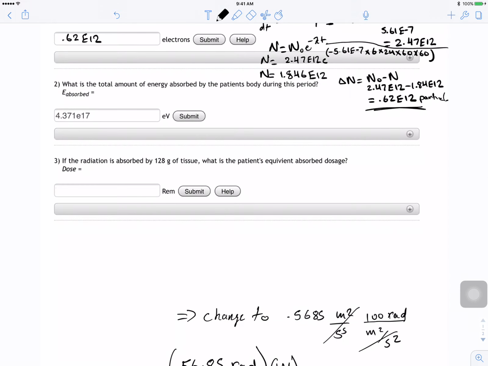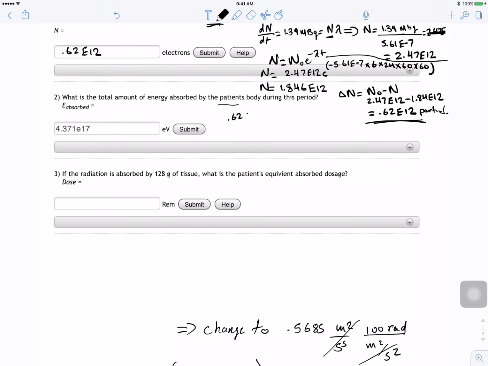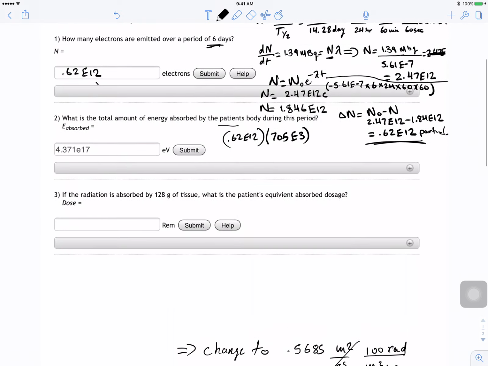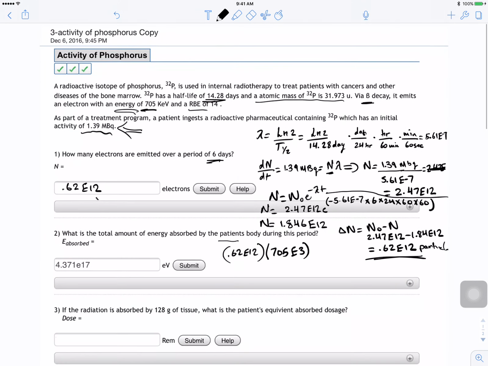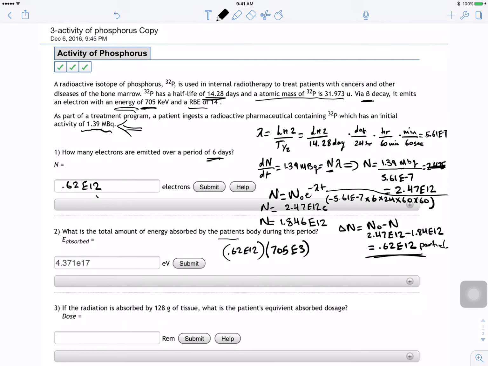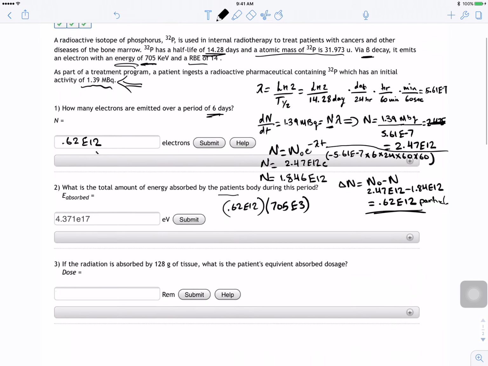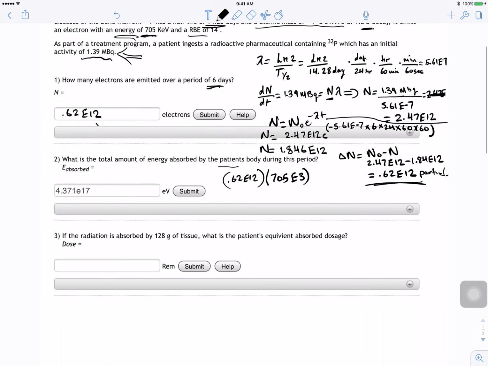So what is the total amount of energy absorbed by the patient's body during this period? We have 0.62 e to the 12 electrons during this period, so times 75 e to the third, because they told us that with every electron there is 75 kilo electron volts.